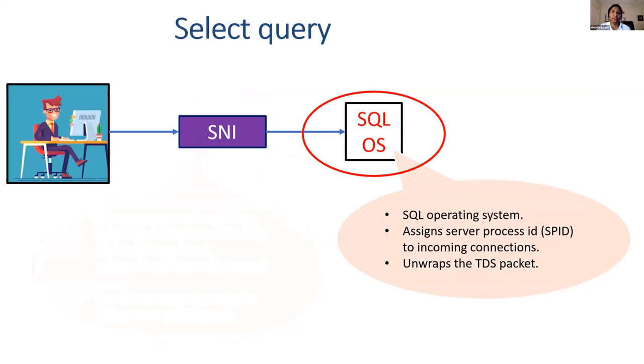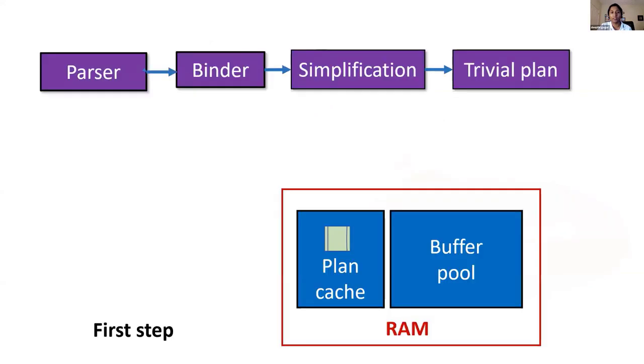You know SPID, right? When you run sp_who or sp_who2, you will see all those SPIDs, 56, 30, 67. Those are the SQL connections made to the SQL operating system. At this stage, the SQL OS will unwrap the tabular data stream packet, identify that query as a SQL query, and give it to the parser step.